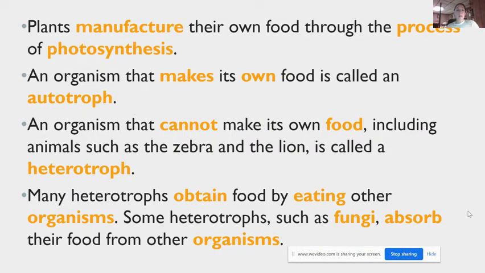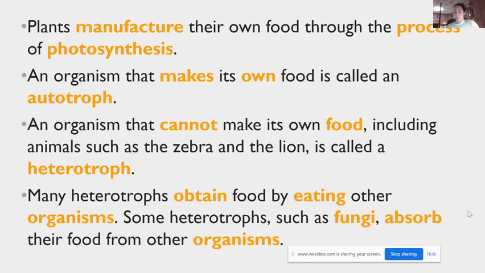So plants manufacture their own food through the process of photosynthesis. And then, like our warm up from today, an organism that makes its own food is called an autotroph. An organism that cannot make its own food, which includes that zebra, the lion, and even us as humans, is called a heterotroph. So we have to consume other organisms to obtain energy.